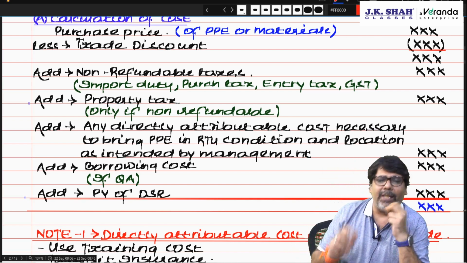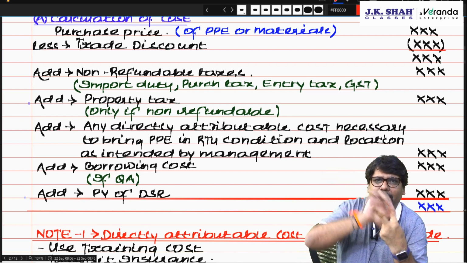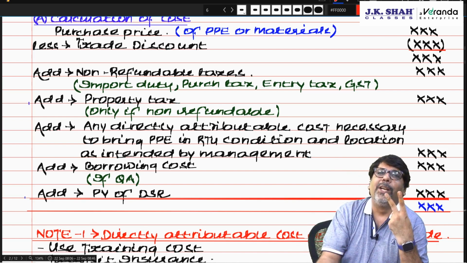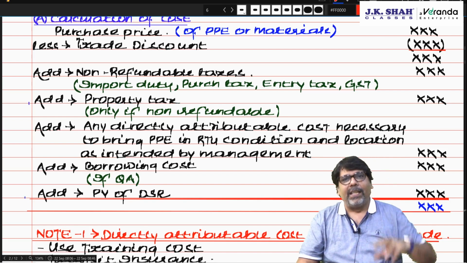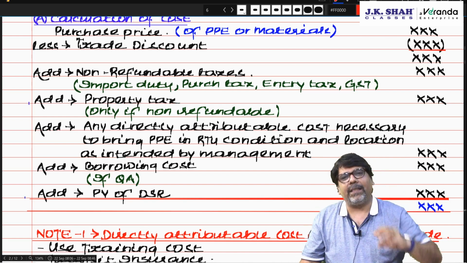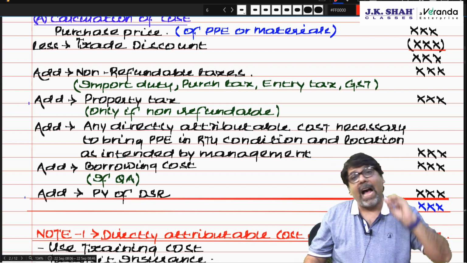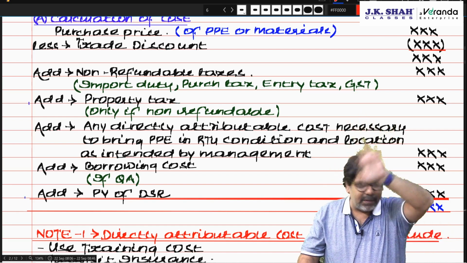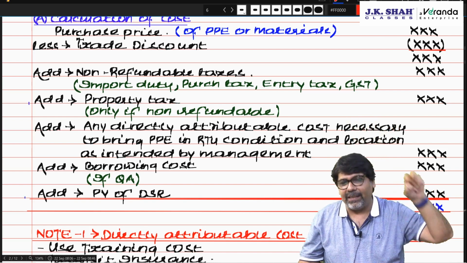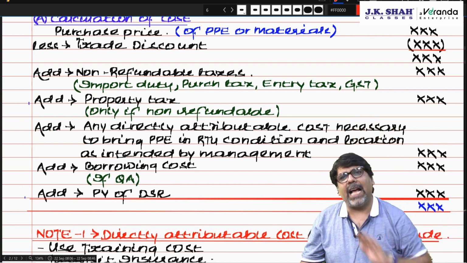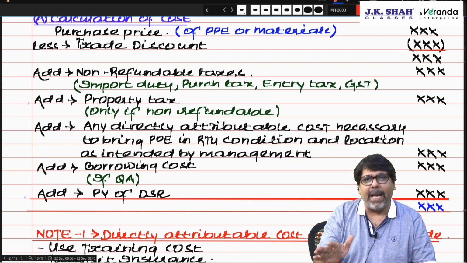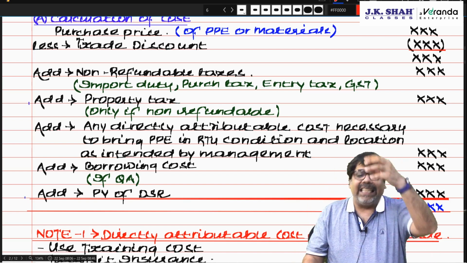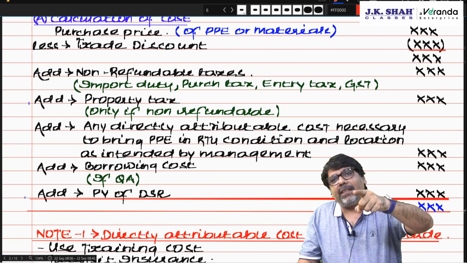Am I clear? So there are two expenses incurred. Decommissioning is the opposite of installation, you are removing the asset, and site restoration means you will bring the site back to its original form. Now Chartered, the asset's life is 10 years. After 10 years I am supposed to remove the asset. Whatever expenditure I incur for removing the asset and bringing the site to its original form will be incurred after 10 years.